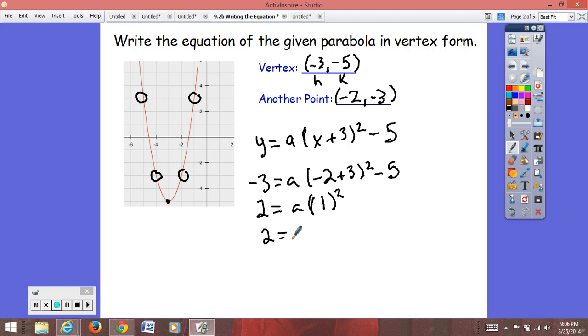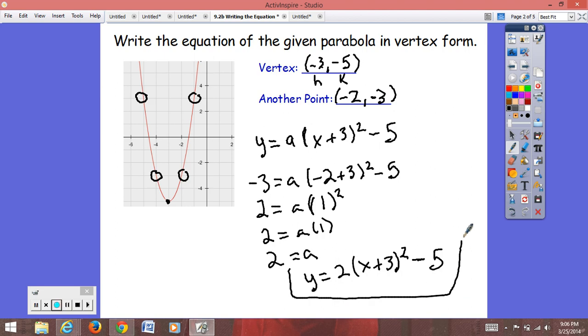So 2 equals a times 1. a equals 2. So our equation then becomes y equals 2 (x + 3) squared minus 5. So that is our equation for this graph.